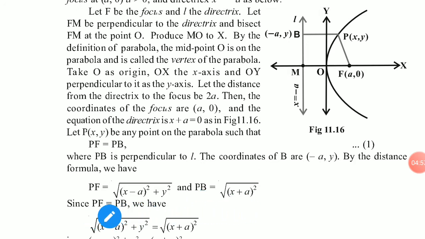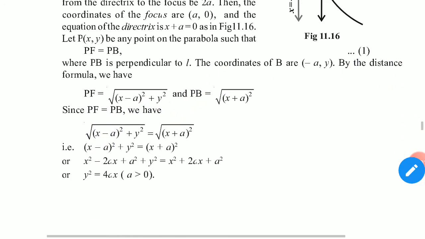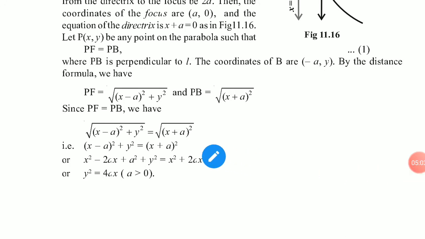By the definition of parabola, PF is always equal to PB. So you put here the value of PF, square root of (x minus a) square plus y square, and the value of PB, square root of (x plus a) square. Remove the square root. Now solve the squares: x square minus 2ax plus a square plus y square equals x square plus 2ax plus a square.